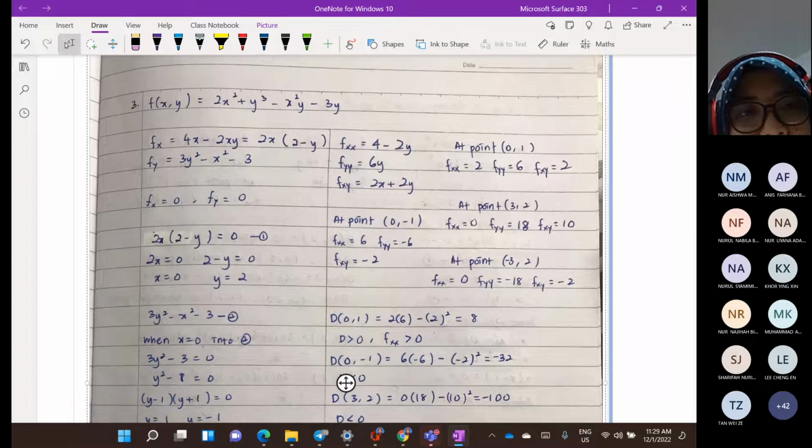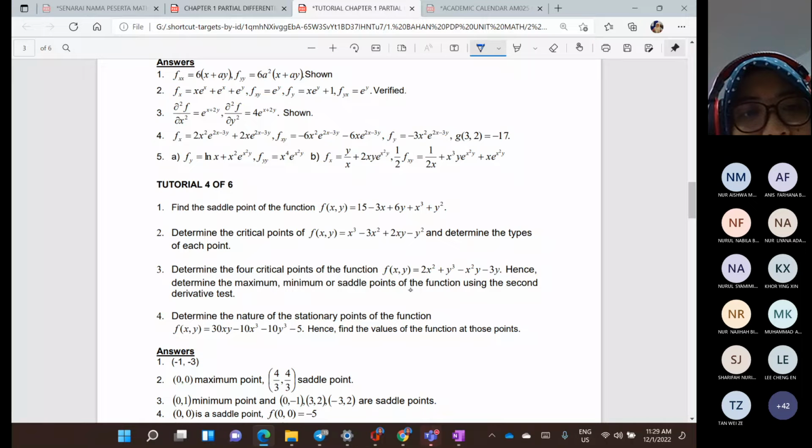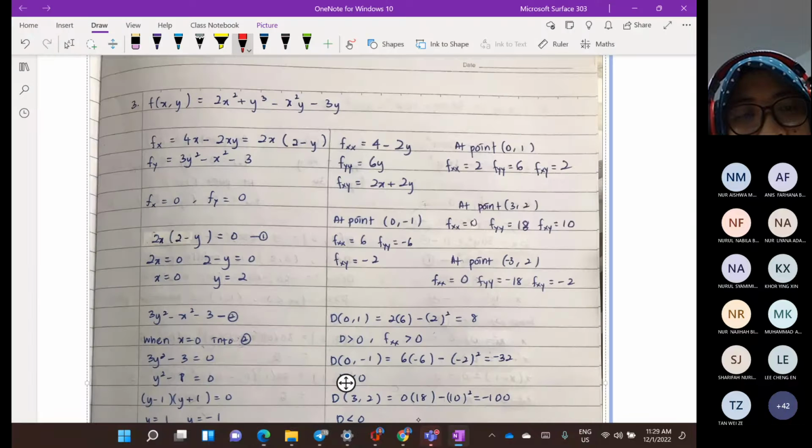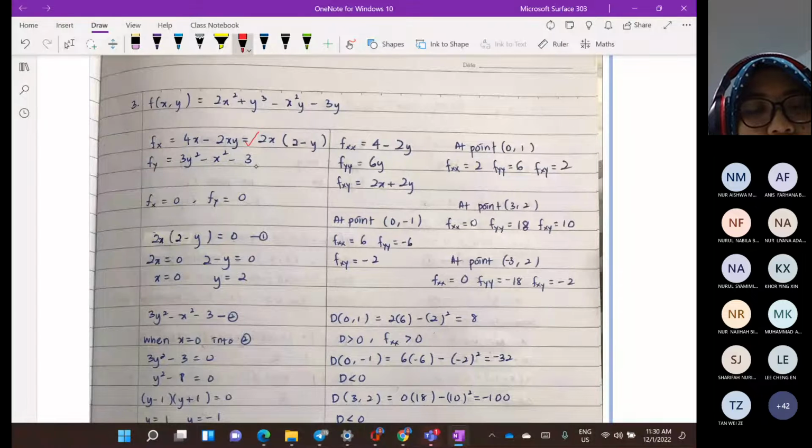Soalan dia cakap dia nak determine 4 critical point f(x,y) equal to 2x square plus y cube minus x square y minus 3y. Step 1 kita cari dulu fx equal to 4x minus 2xy dan fy equal to 3y square minus x square minus 3.